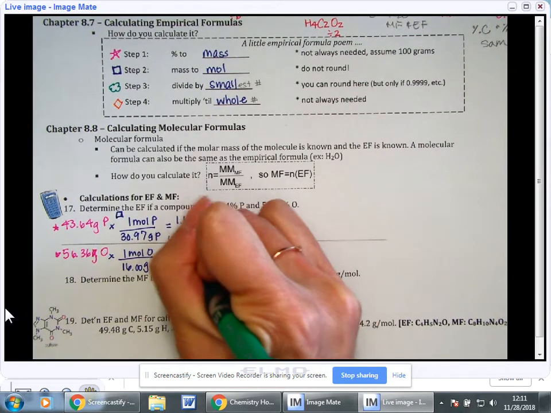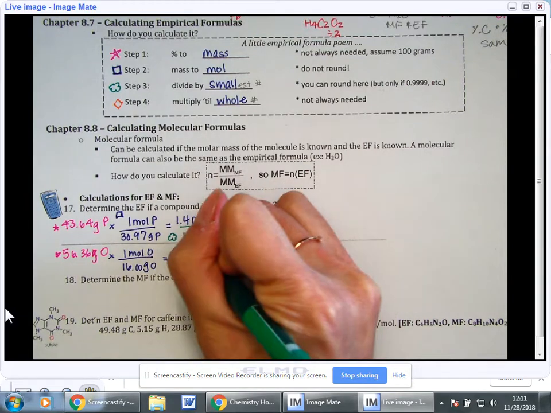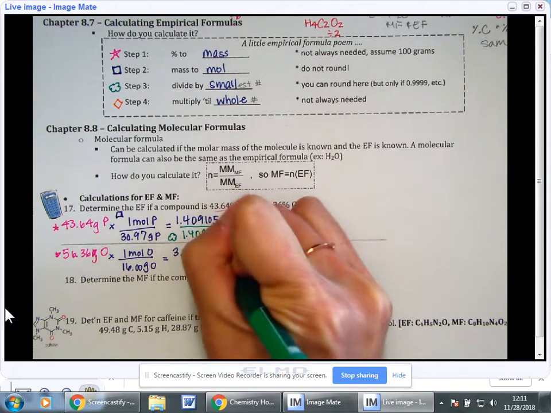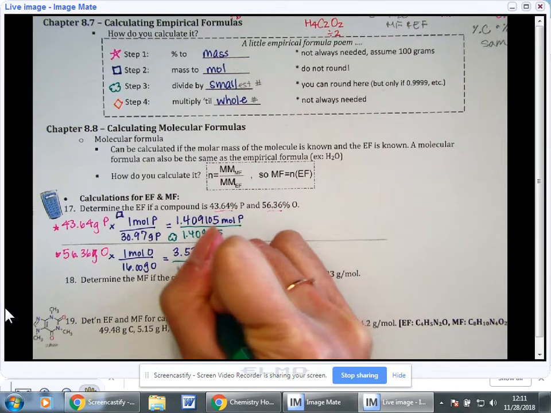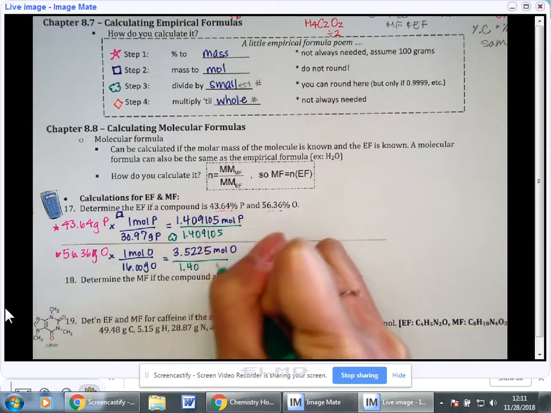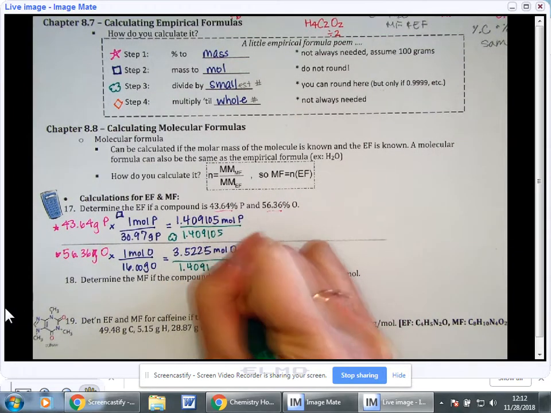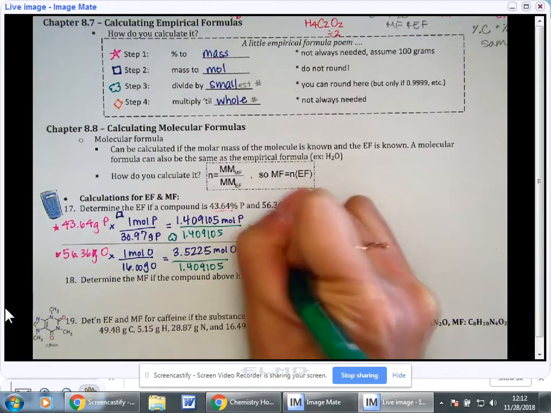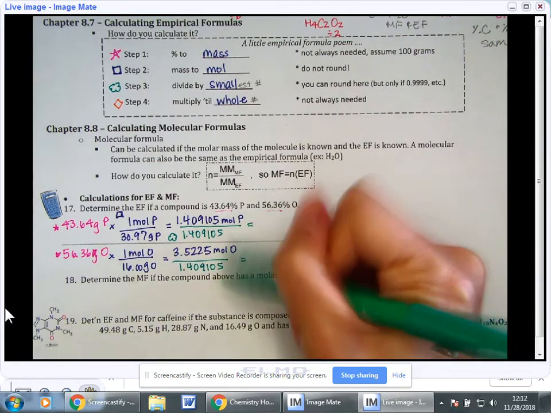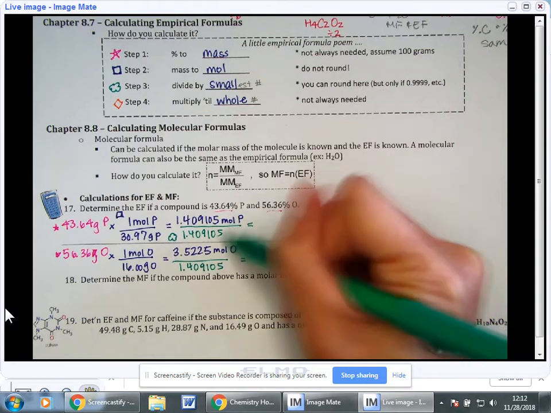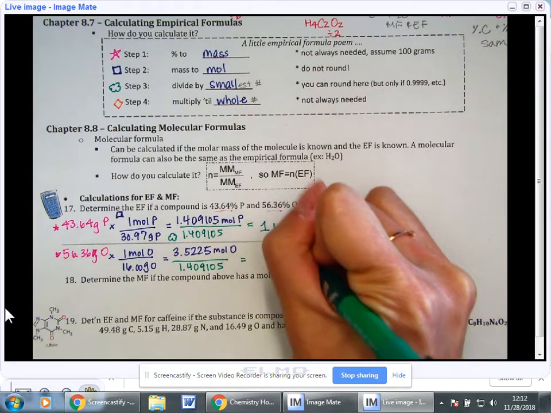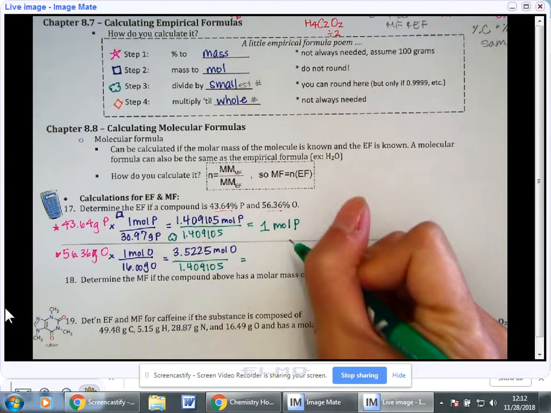So this is my third step. I'm going to divide both of them by the smallest number, 1.409105. The reason I want to do that is because if I divide all of my moles by the smallest number, that smallest number results in 1 mole of phosphorus. So it's a nice, easy number.